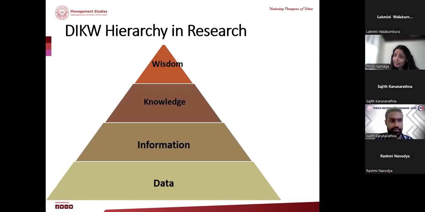If you look at it in research, as I always highlight, we do research because we need to create new knowledge. In our effort to create new knowledge, we have to use data, depending on your research. Most of the time you have to use primary data, but in some circumstances you can depend on secondary data, if it is available, relevant to your purpose, and you can ensure that it's of high quality.